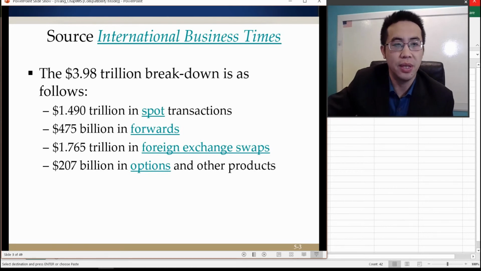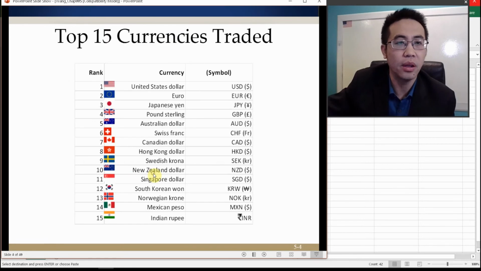The rest would be in forwards, options, futures, and currency swaps. From forwards to options, these three are considered derivatives. A derivative is a financial product whose value derives from the underlying assets. And in this case, the underlying asset is a foreign currency.